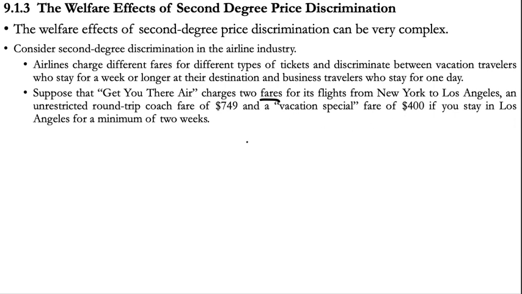If you have more time, you may wish to stay longer in LA, but then you may incur more costs in addition to the air ticket, isn't it? Because you have to get the hotel and whatnot. So here, let's say you are a business traveler.